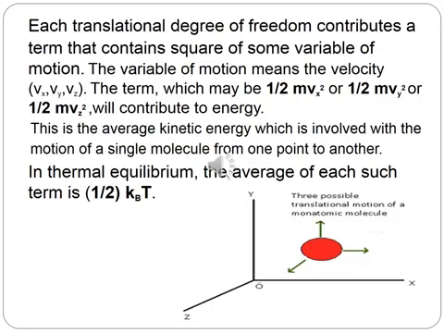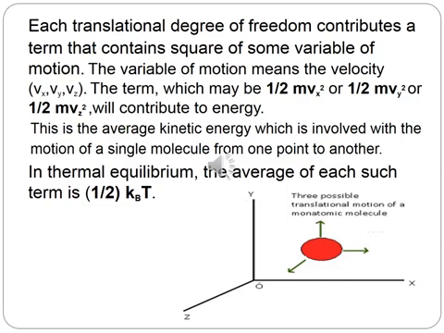Since each translational degree of freedom represents each axis, the term, which may be 1/2 m Vx square or 1/2 m Vy square or 1/2 m Vz square, will contribute to energy. This is the average kinetic energy which is involved with the motion of a single molecule from one point to another. That means it is in the translatory mode of motion.